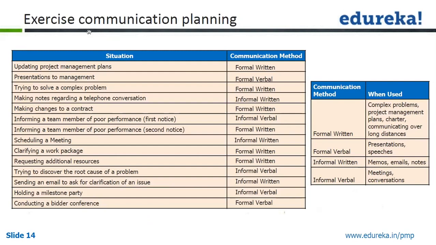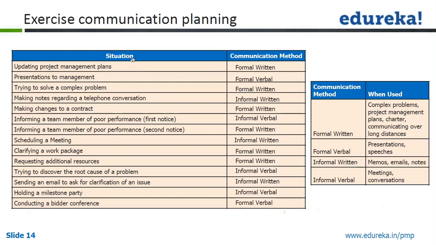If you take an exercise on communication planning, the communication method could be formal written, formal verbal, informal written, informal verbal. So for the situation of updating the project management plan, you will use formal written; presentation to management, formal verbal. This is the exercise you do when you are doing the communication plan. Trying to solve a complex problem, formal written.